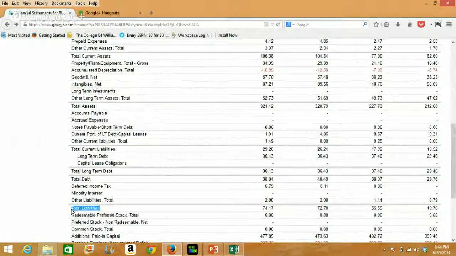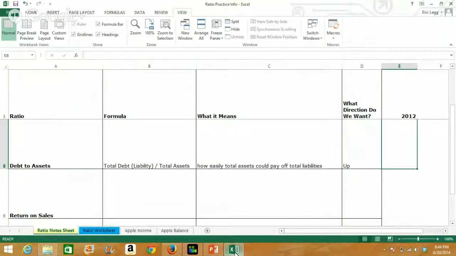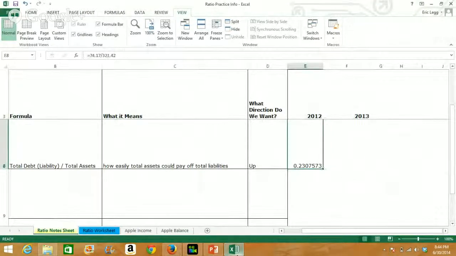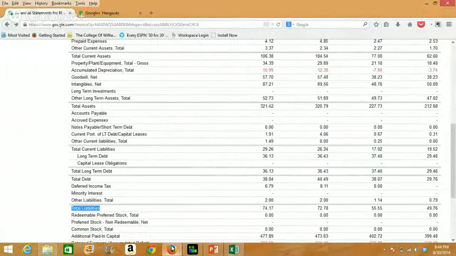Income statements can be really tricky. And this is an accounting class, so we're not going to get too much into this, but I actually want you to use total liabilities for our purposes. Equals 74.17 divided by total assets, 321.42. Okay, 0.23, and once again, I put in the wrong category, wrong year, 2013. Let's look at 2012.